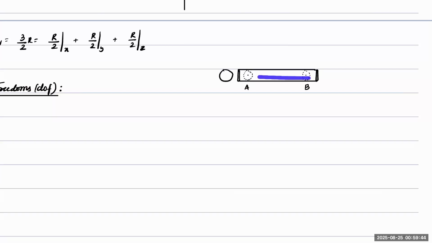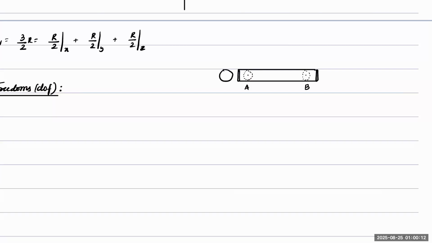how many dimensions do I require? I would require only one dimension, right? Because it is just going in this direction. If we just define this direction, then we can say the degree of freedom for this ball is only in one direction. So that's why the degree of freedom is 1. Can it go in the Z direction?